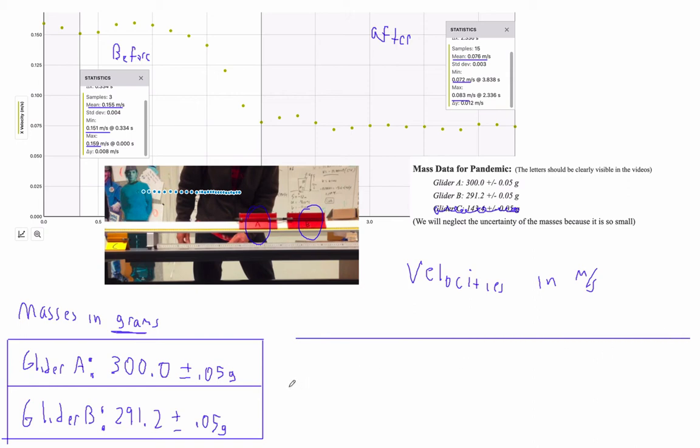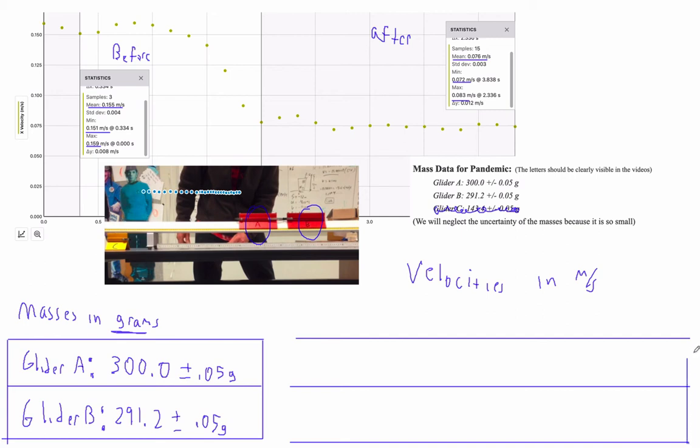Okay, so let's make a nice data table here. Okay, and what we're going to do is we're going to make this guy. This will be before, after. Okay.